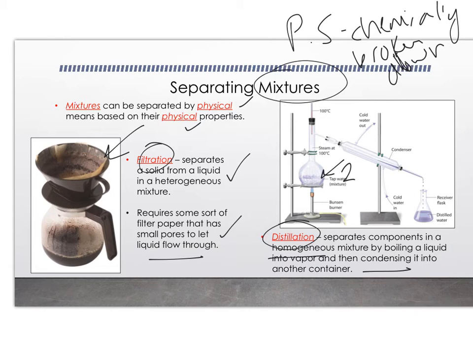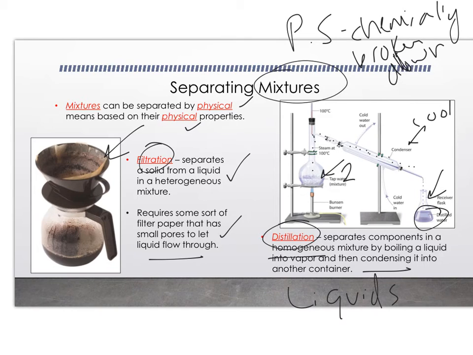Well, I can heat it up to the boiling point of one of those liquids and it'll evaporate, and then once it is trapped in this condenser, we'll cool it down. So we'll lower the temperature and it'll condense back into a liquid where we can separate the second one from the first one. So again, distillation is used to separate two or more liquids that are a homogeneous mixture.